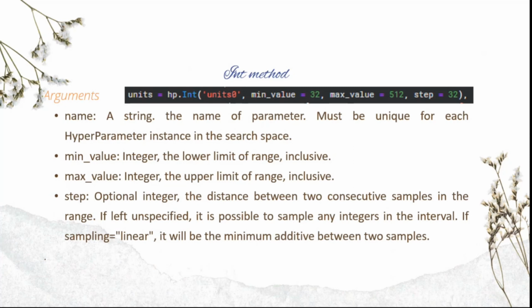And the step data type is also optional integer, and it is the distance between two consecutive samples in the range. If left unspecified, it is possible to sample any integer in the interval, and if sampling is linear, it will be the minimum additive between two samples.